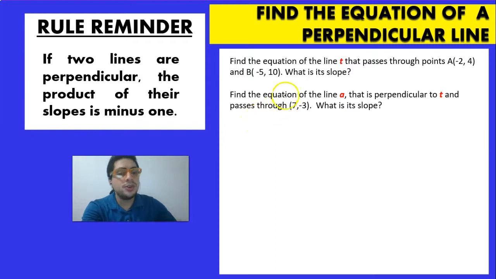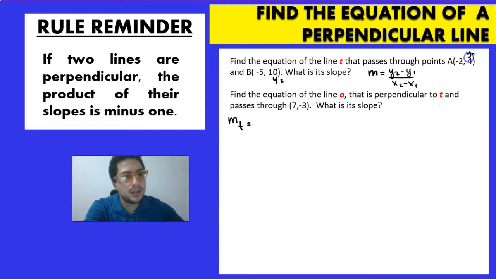Now, in order to find the equation of line T, we have to first find the slope, right? The slope of line T, which we're going to call MT, uses the formula y2 minus y1 divided by x2 minus x1. So y2 is 10, y1 is 4, x2 is -5, and x1 is -2.